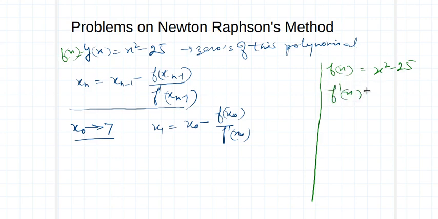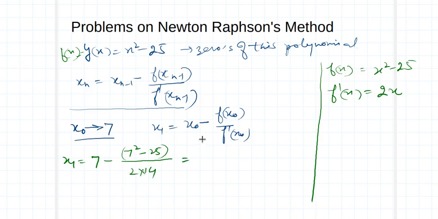So what is f prime x? It is equal to 2x. ठीक है? So x1 is equal to 7 minus 7 square minus 25 divided by 2x, 2 into 7.